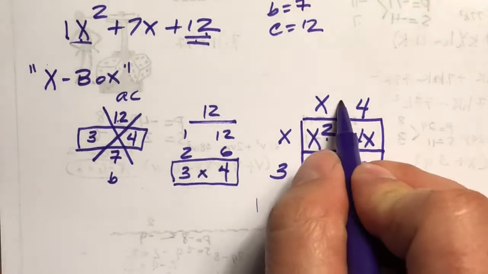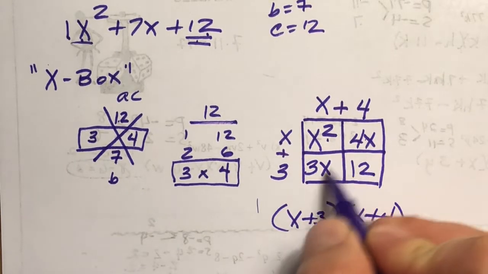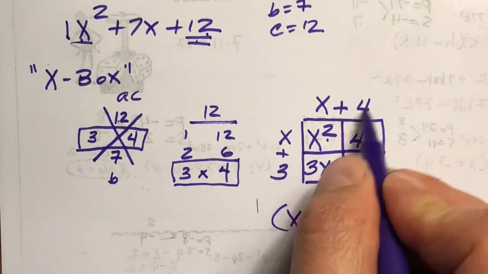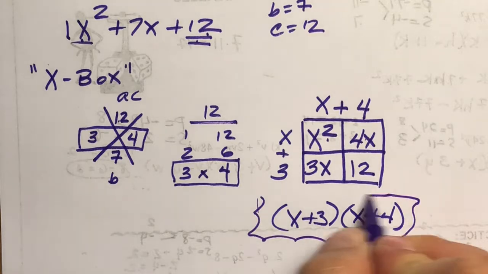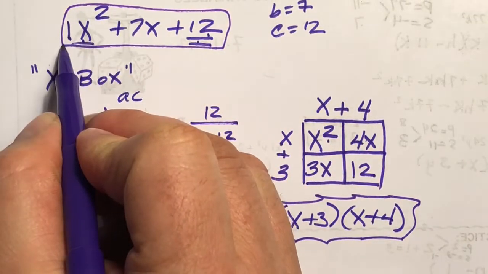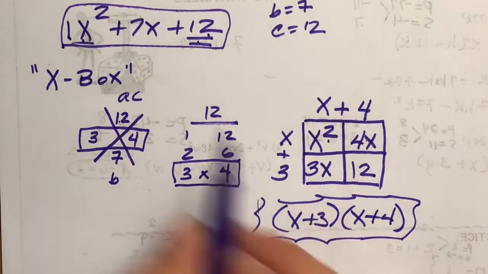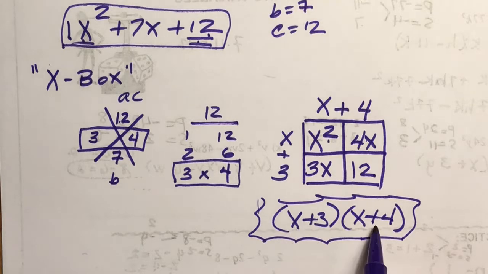So this is x plus 4, x plus 3. If I had flip-flopped the 3x and the 4x, I would just flip-flop the 3 and the 4. It does not matter, but there's my answer. Understand, we started with my trinomial, and we factored it, just like if this was the number 24, and this was 4 times 6.